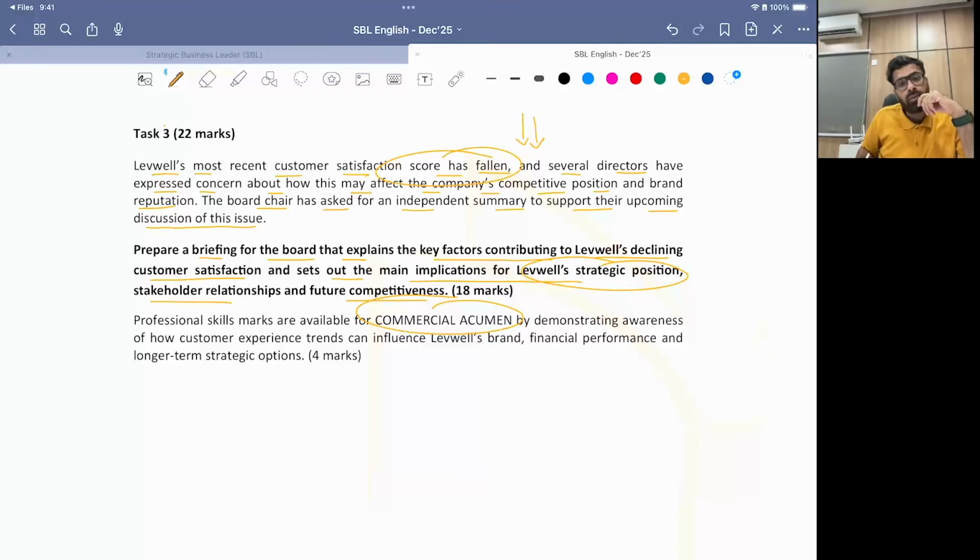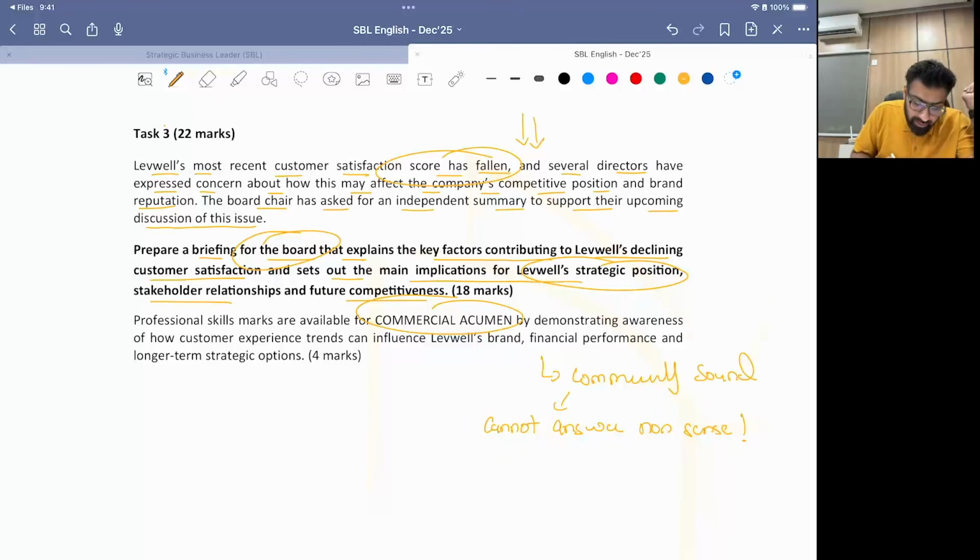And this is commercial acumen. So here you need to be very commercially sound. Why, sir? Because you cannot answer nonsense here, right? You are going to explain the factors that have resulted in the decline in customer satisfaction.